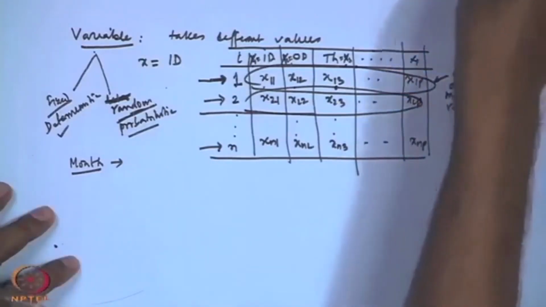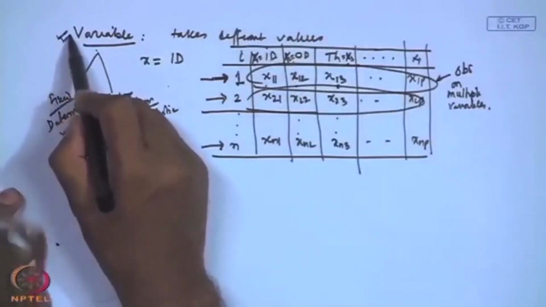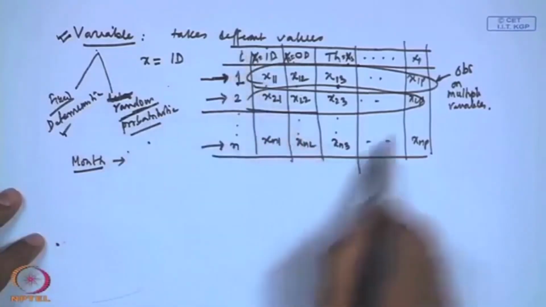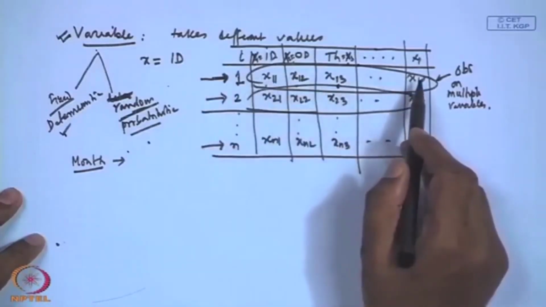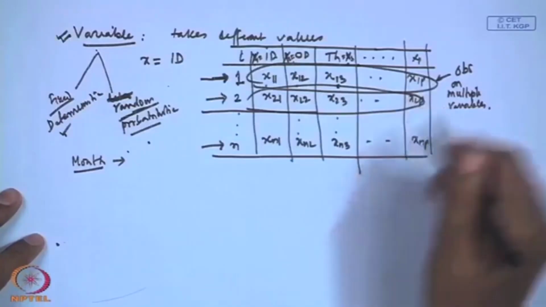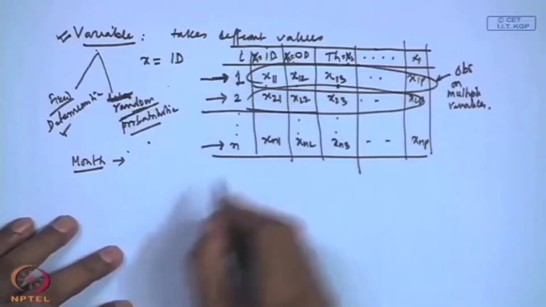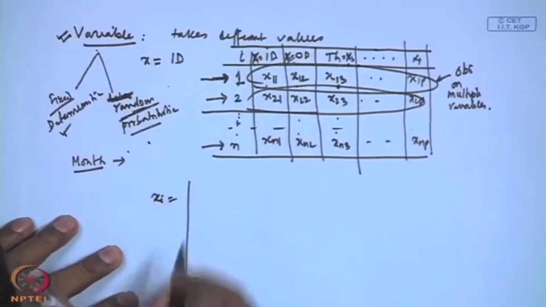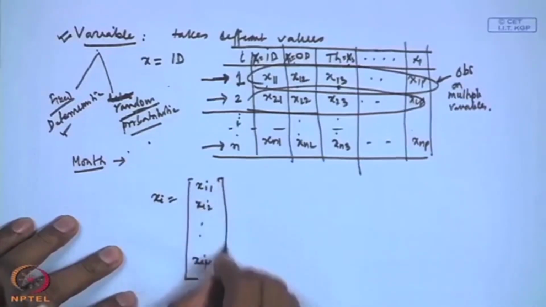What do we want to define here? We want to define multivariate. In order to do so, we know variable, deterministic variable, probabilistic, that is random variable, and this is one example where every observation is measured on several variables. When multiple variables come into picture, each observation is a variable vector. For example, if I take the ith observation here, then xi will be xi1, xi2, like this xip.